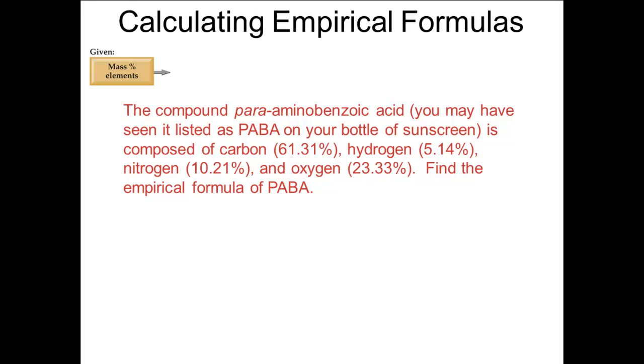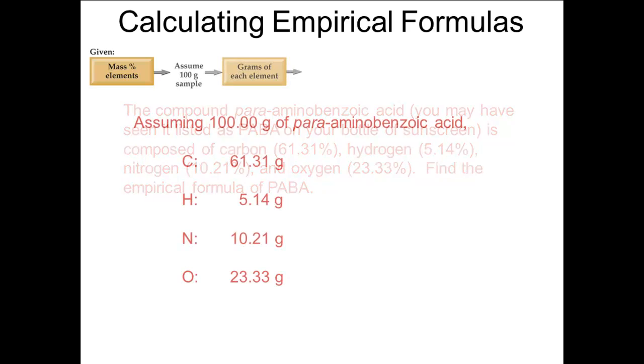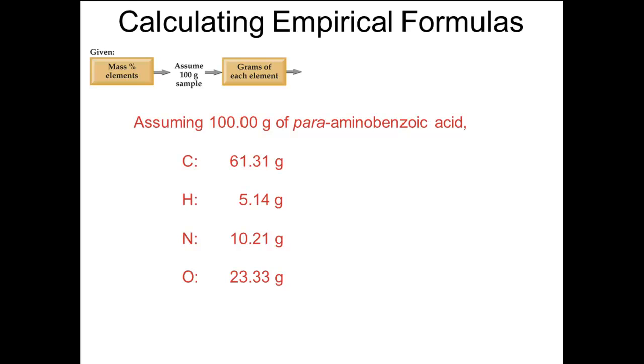For example, suppose we want to calculate the empirical formula of para-aminobenzoic acid, which is composed of carbon, hydrogen, nitrogen, and oxygen in the percentages that you see. If we assume 100 grams of the compound, we get these masses of each element: 61.31 grams of carbon, 5.14 grams of hydrogen, 10.21 grams of nitrogen, and 23.33 grams of oxygen.